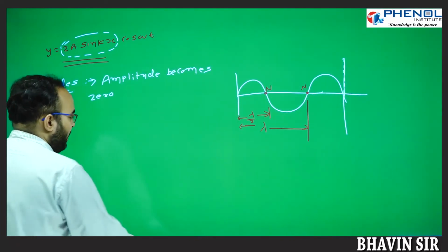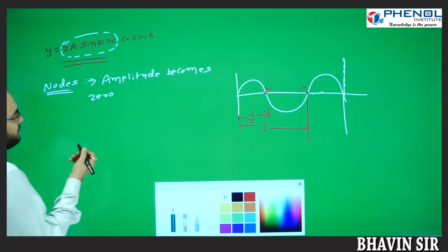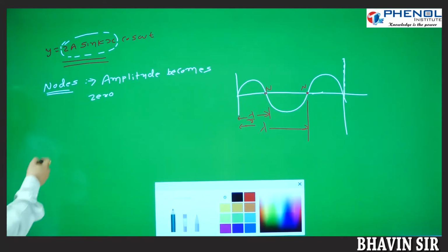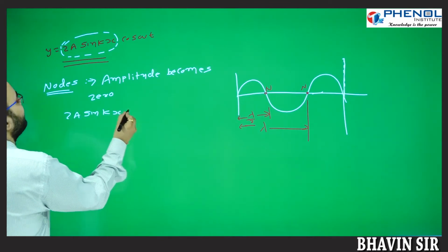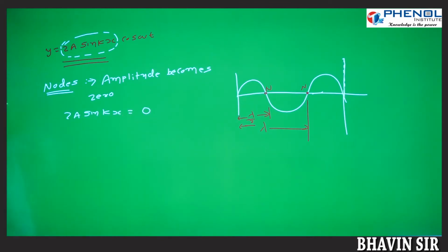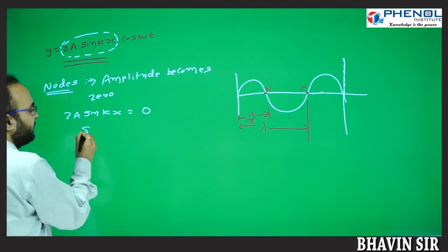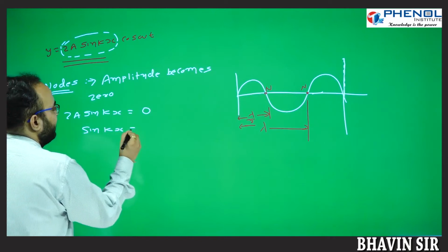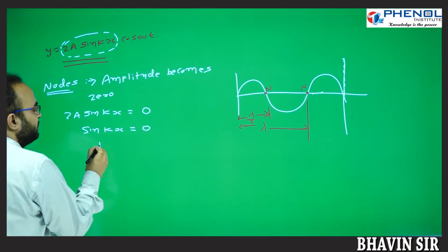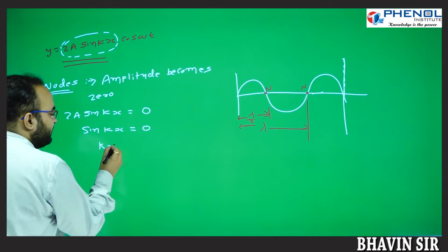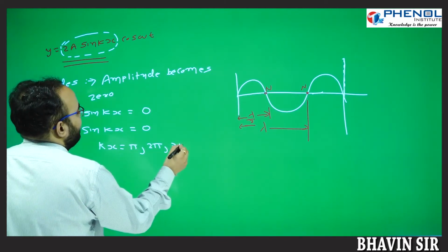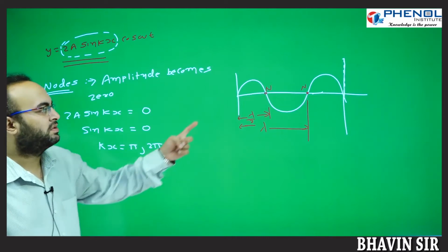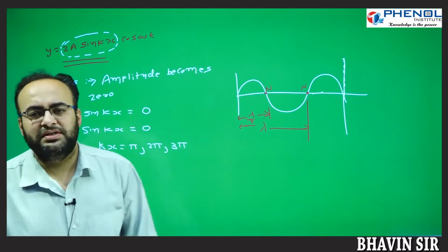Okay, so what is its proof? Here the amplitude becomes 0, and what is the amplitude? 2a sine kx. So sine kx becomes 0, where kx is pi, 2 pi. Here we cannot take 0 because it is the starting point. So we cannot consider the starting point.